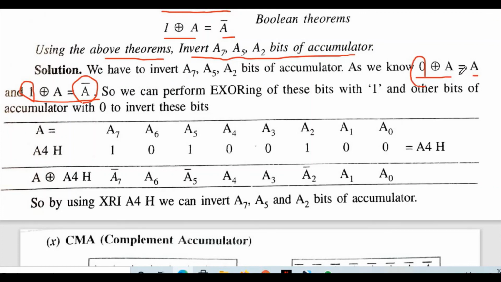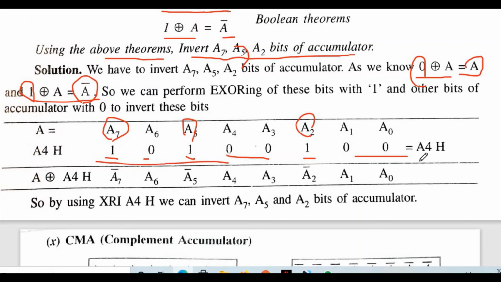It will give me 1010, which is A, and 0100, which is 4. So the data will be A4. If I do XORing with A4, then I can invert the A2, A7 and A5 bits of the accumulator. So the answer is the instruction XRI A4H.